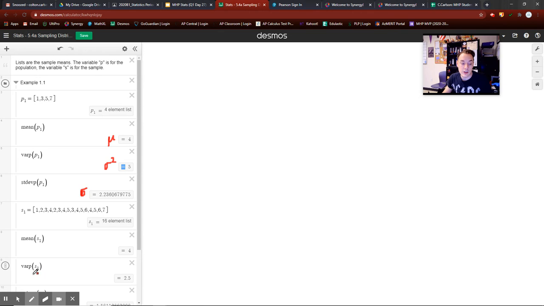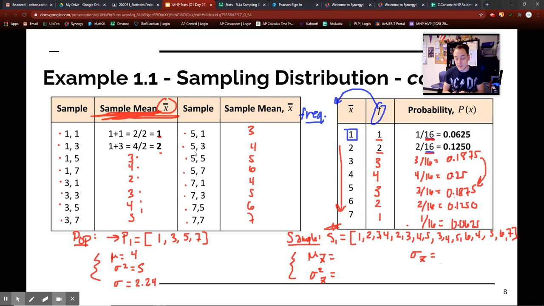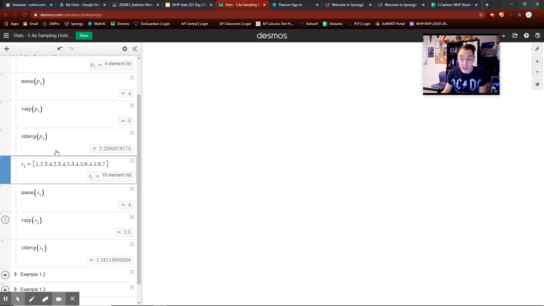Now, what are we interested in? We're interested in this. Ready? Once we find, using this table, all the means of my sample, it is fairly straightforward in that I just now need to go here on Desmos and type those numbers in.